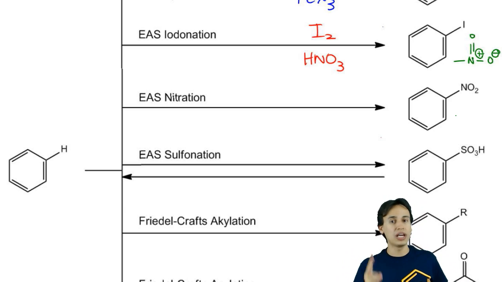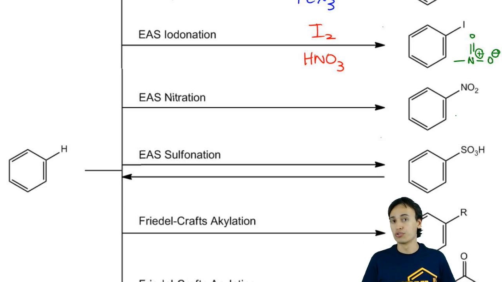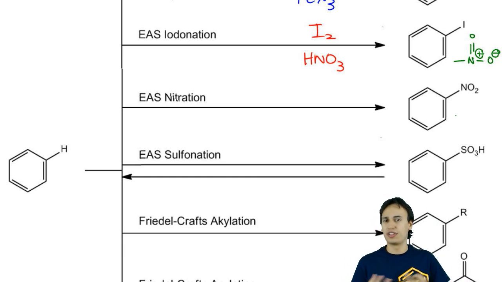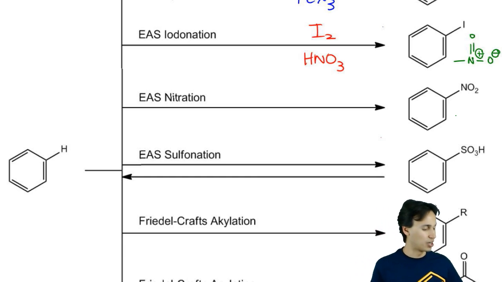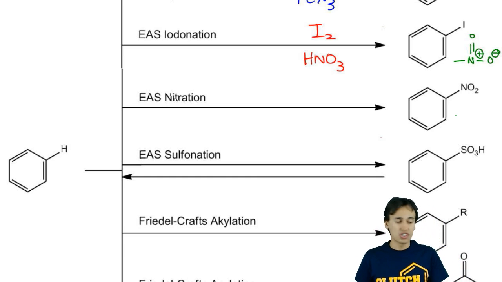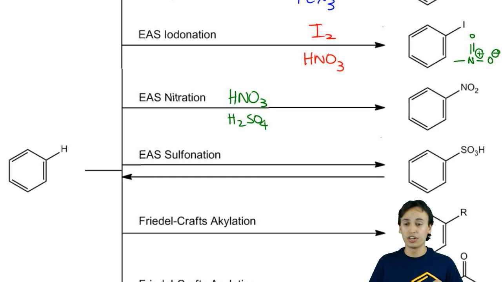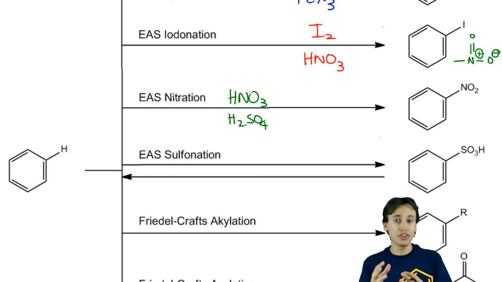Now there are 2 different ways to add a nitro group to a benzene, but they're really the same thing. It's just that different websites, different textbooks, different professors like to use different combinations. The most common would be using nitric acid, HNO3, and sulfuric acid. A combination of sulfuric acid and nitric acid is going to react together to make the active electrophile, as we will see later when we go into the mechanism.